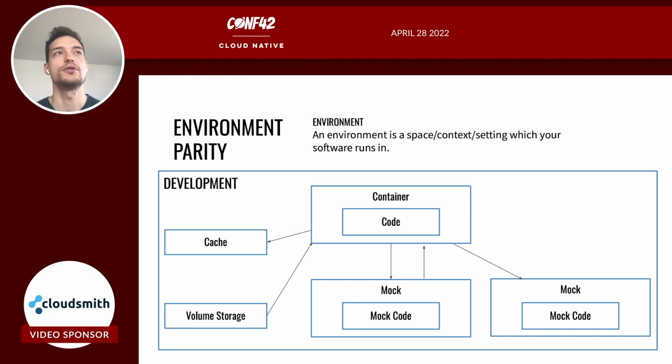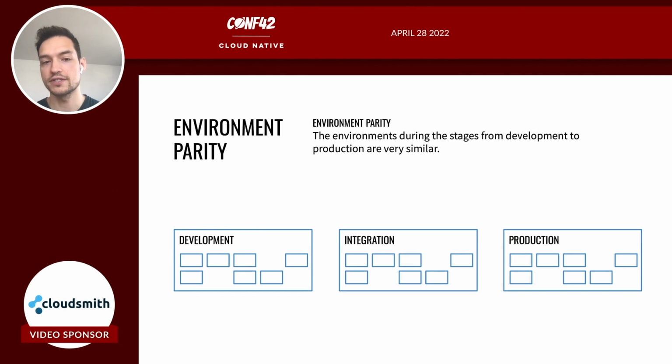This led us to think, okay, how can we minimize those differences between the environments we run our software in, so that we have something we call environment parity. And basically what we mean by environment parity is that the different stages our software runs in, development, integration, production, look very, very similar.